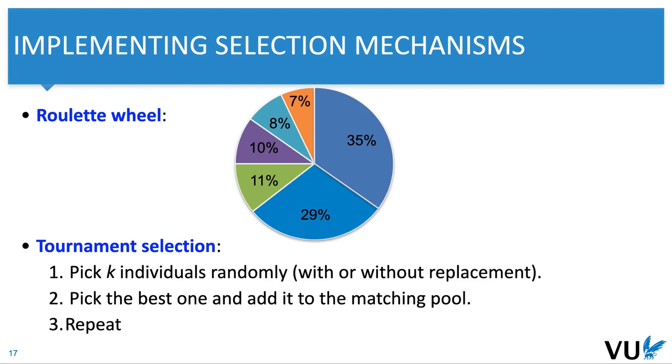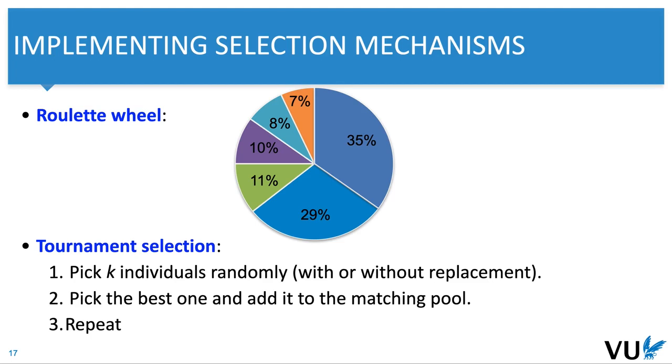Another possible implementation is tournament selection. So we pick k individuals randomly, with or without replacement. Then they play a tournament. So we check which of these individuals win most often. What does it mean that they win?